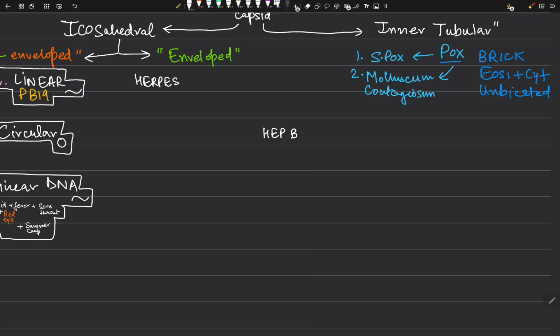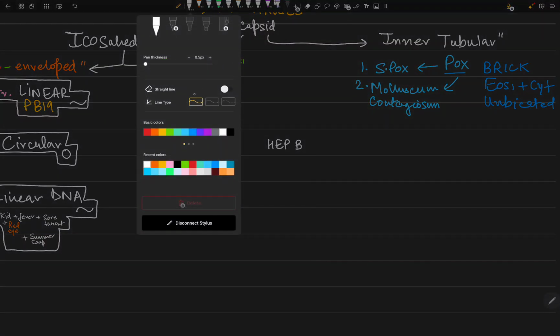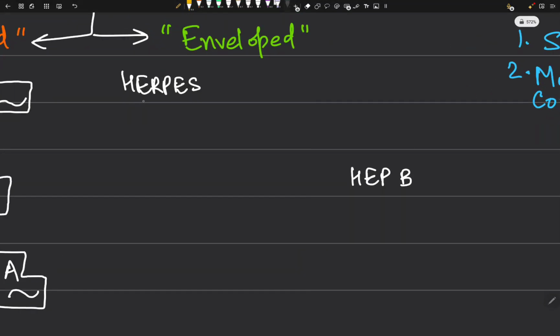So all herpes viruses are double-stranded. Listen to me. All herpes are double-stranded, right? All of them. Wait, let me write the properties. These are double-stranded linear DNA, okay? And they are enveloped.